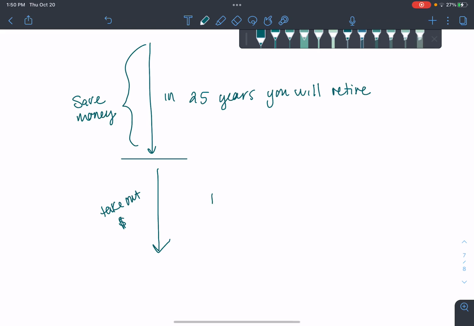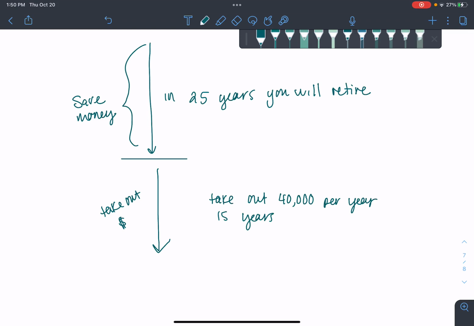So we're going to take out $40,000 per year for 15 years when we are already retired, okay?